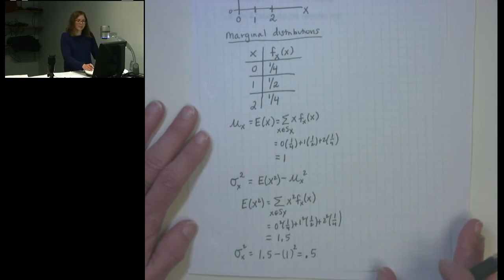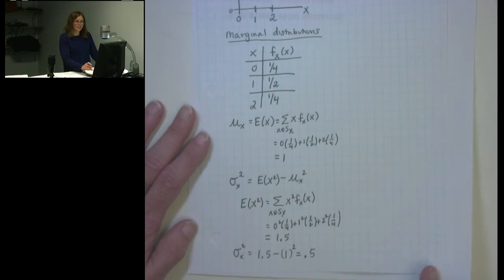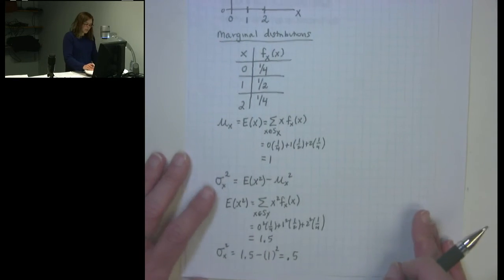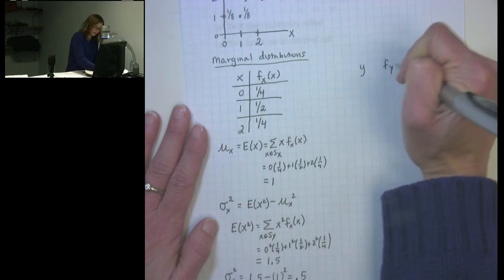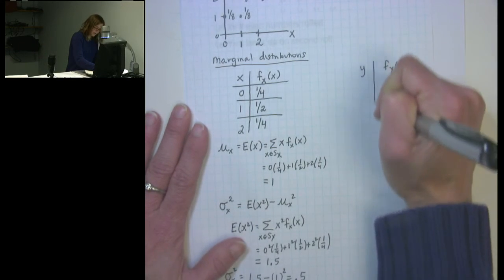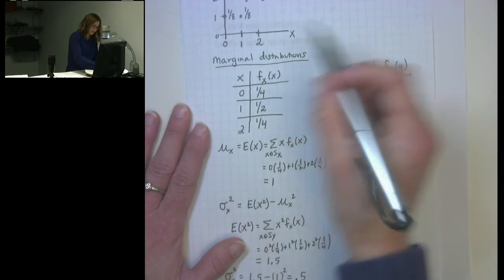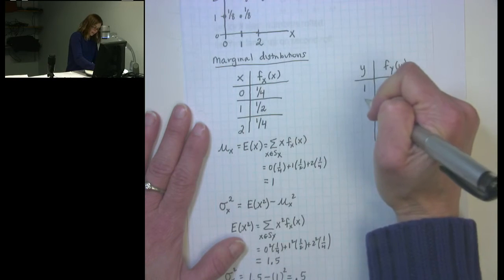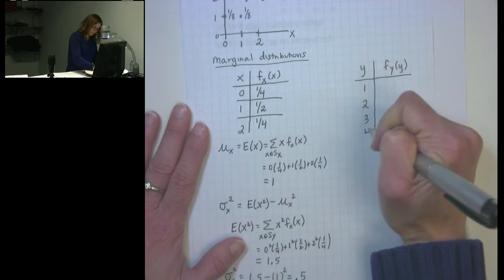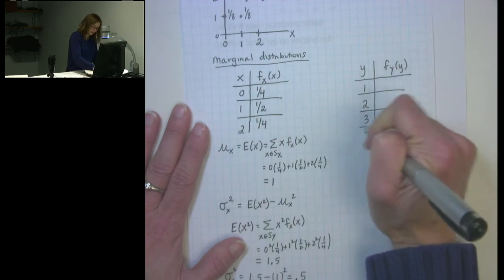I can go through the entirely same process to find the marginal distribution of y. I can tabulate it. I know y can take on the values 1, 2, 3, and 4. That's the support for y. So I need to list all those values.